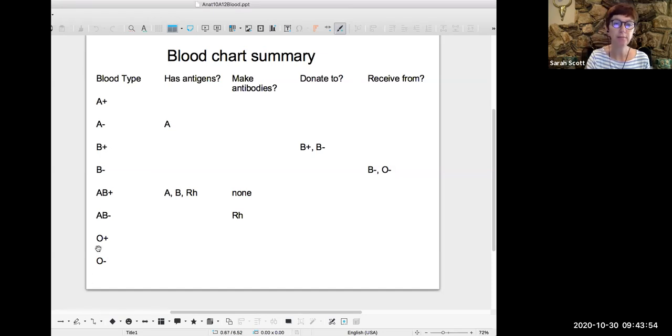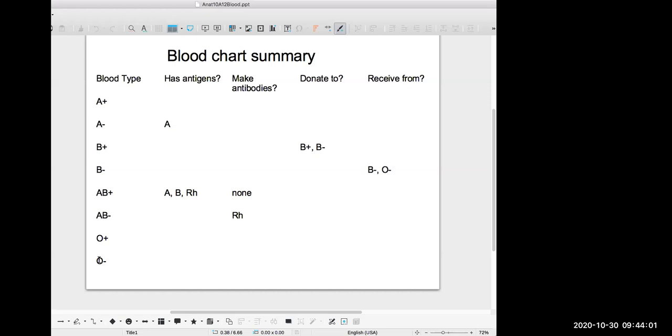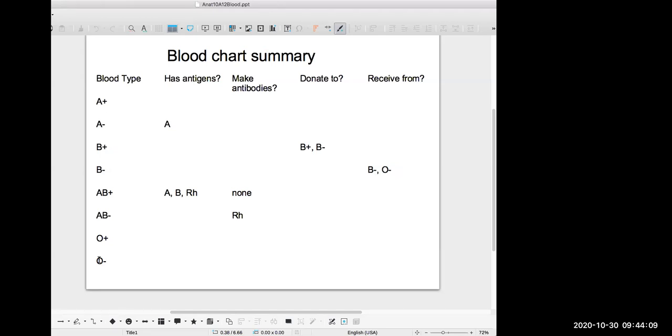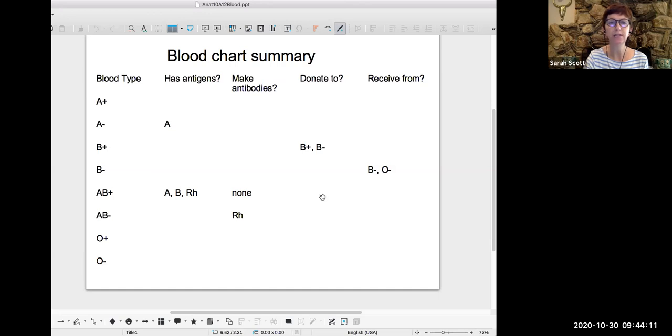Okay. Now the problem is if you are O negative, who can you get blood from? Only O negative. Yeah. So an O negative can donate to all 8 blood types, but they can only get blood from O negative.